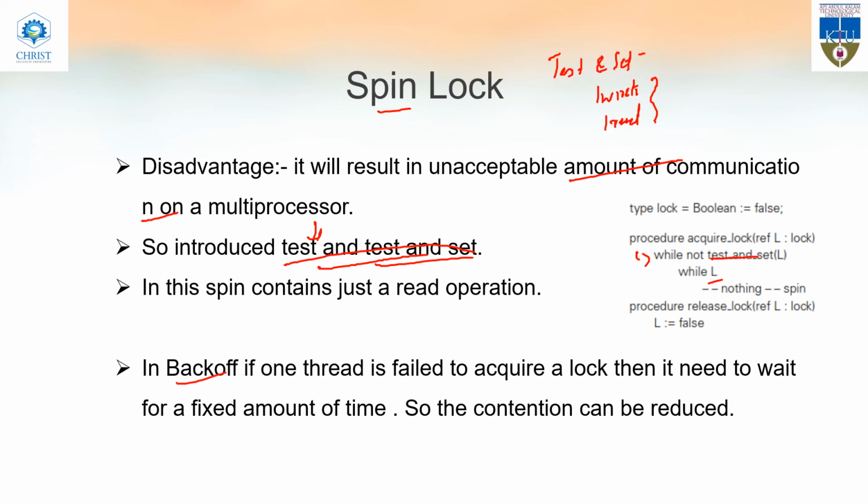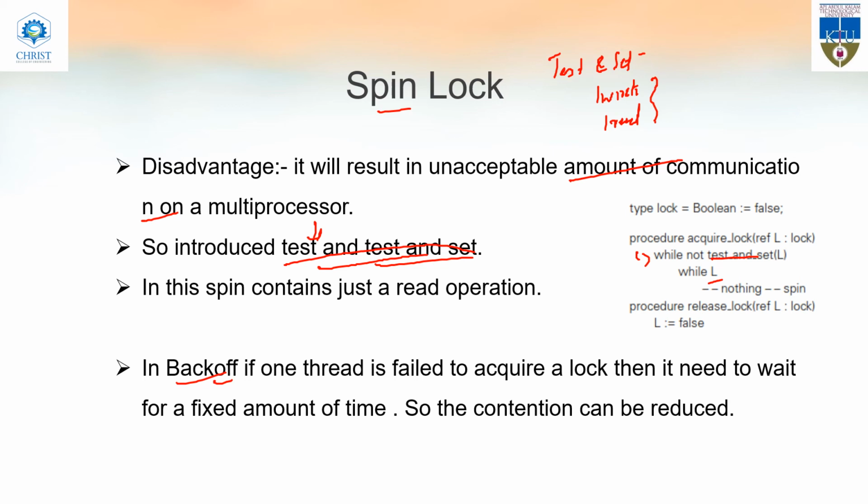It will be asked to go to sleep for a particular amount of time. Only after that can it check whether it can access the resource. I hope it is clear. So that is called backoff. Okay, so in spin lock we thought about three things.